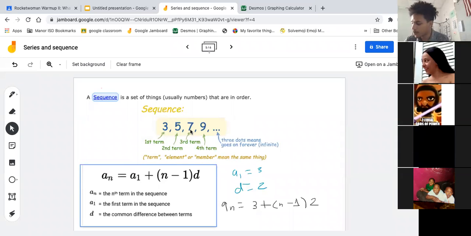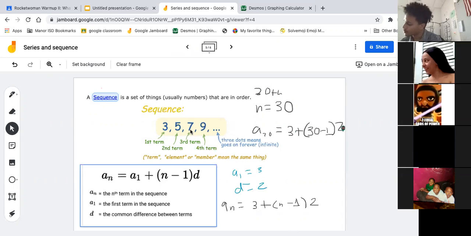Let's say you want to find the 30th term. What's the 30th number in the sequence? So the 30th, that means we're going to plug in 30 for n into our equation that we wrote below. So a_30 equals 3 plus, we're going to plug in 30 for n, 30 minus 1 times 2. So a_30 equals 3 plus 29.